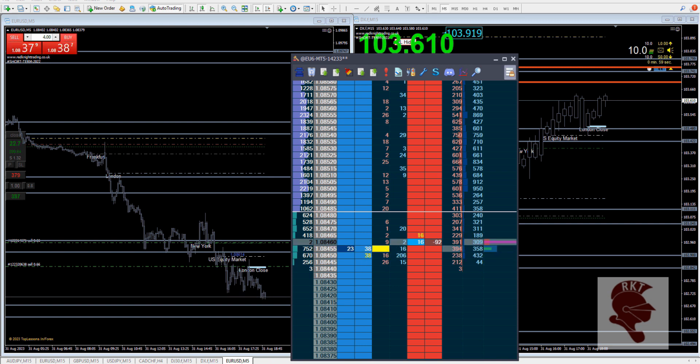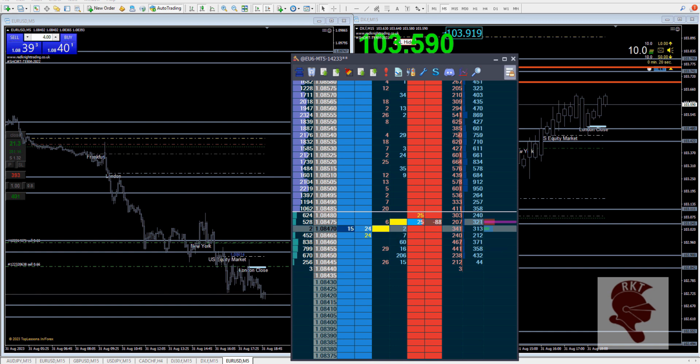Now if all that green decides to turn purple, I'll be looking to get out. But whilst it's staying that colour, I'll stay in.